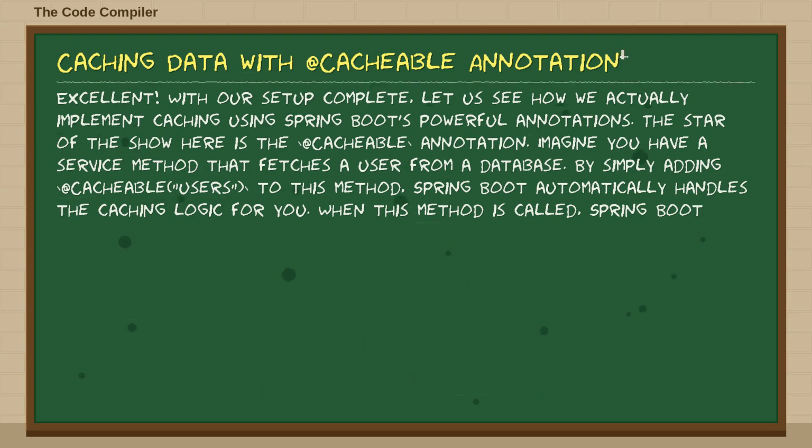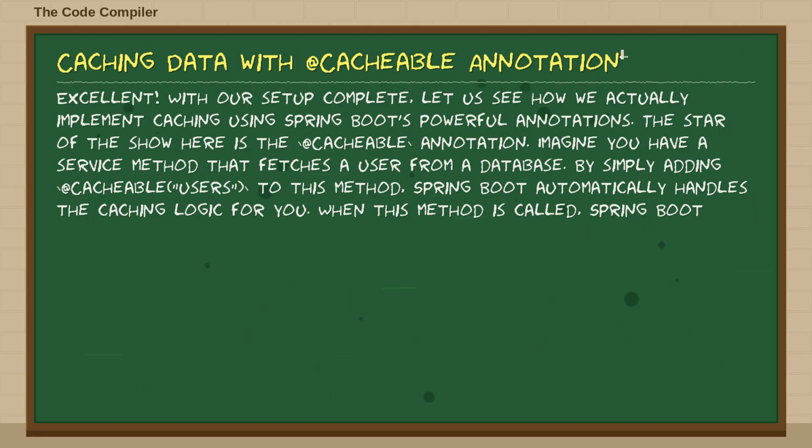When this method is called, Spring Boot first checks if the result for the given input parameters is already present in the users cache. If it is found, the cached result is returned immediately, and your method is not executed at all. If not found, the method executes, its result is stored in the users cache, and then returned.